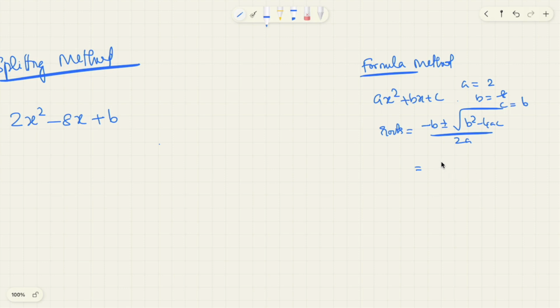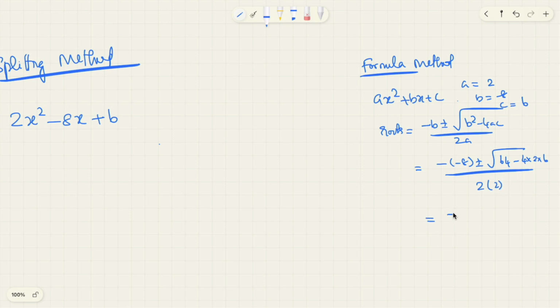So you get minus of minus 8 plus or minus square root of b square, which is 64, minus 4 into a value 2 into c value 6, divided by 2a, 2 times the a value, which is 2 again.